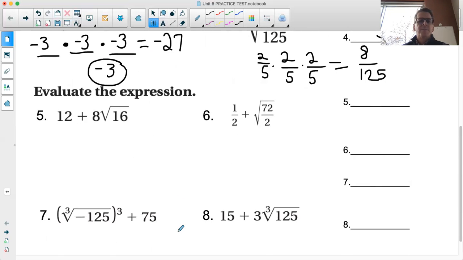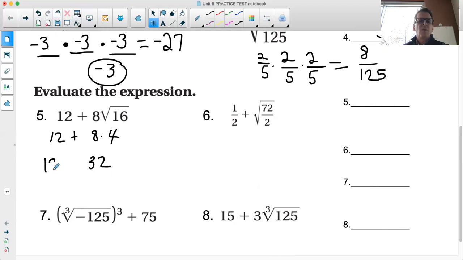Number 5, 12 plus 8 times the square root of 16. My eye goes to the square root of 16 first. That's a perfect square. The square root of 16 is 4. So write that down. When you're evaluating, you're doing your PEMDAS: 8 times 4, which is 32.